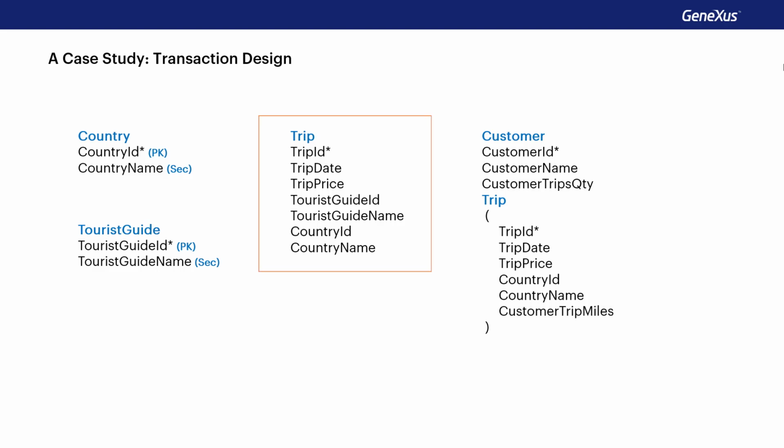Let's take a look at the trip transaction. It has trip ID as a primary attribute and trip date and trip price as secondary attributes. Then, tourist guide ID is the foreign key in this transaction, and tourist guide name is inferred from that value. There's a one-to-n relationship between tourist guide and trip.